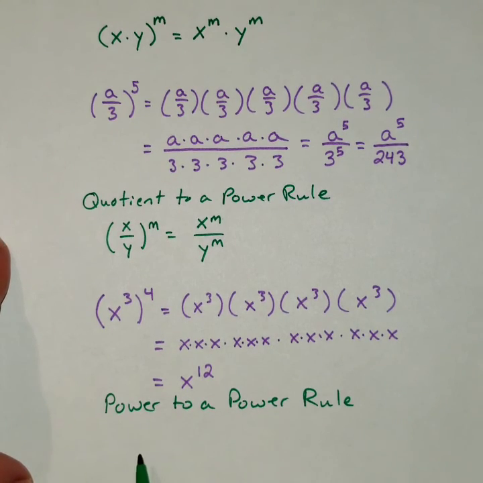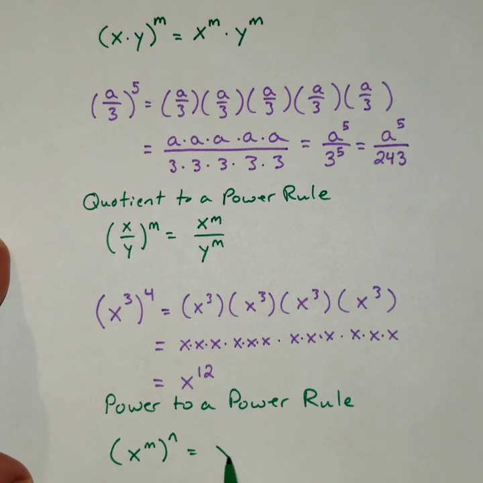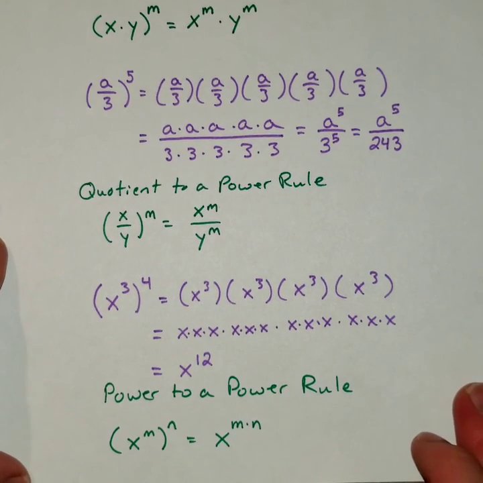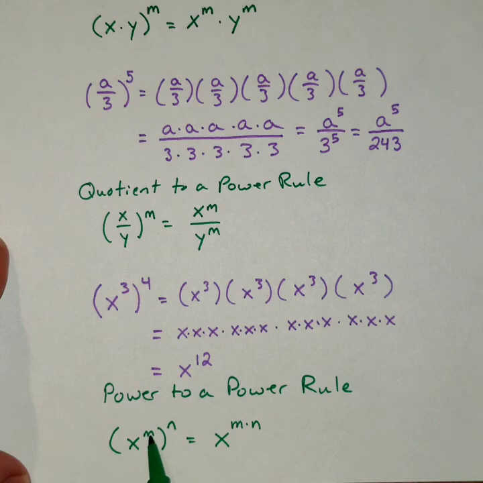The power to a power rule is going to look something like this: x raised to the m power, also raised to the n, is equal to x raised to the m times n power. It's a product. So you start with a power to a power and you end with a product of 2 exponents. Okay. In the next video, I'm just going to go through some examples of how to utilize all of these different exponent rules.